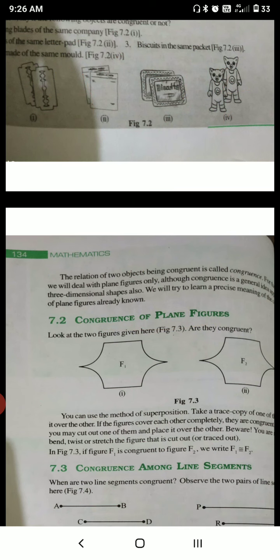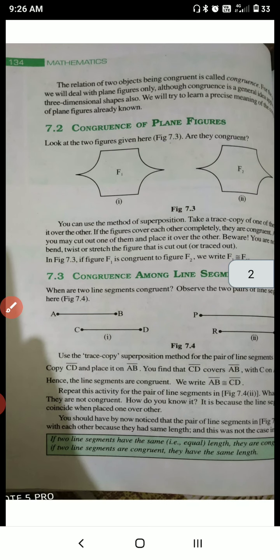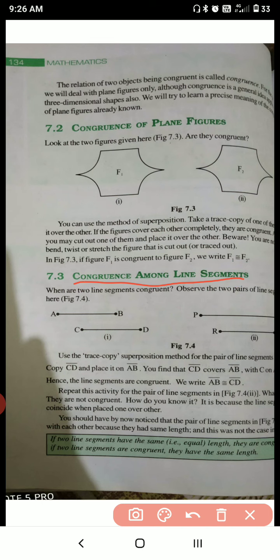Now, congruence among line segments. It means we have to answer whether our line segments are equal or not. Suppose without measurement a line segment is given to you and another is also given. When you superimpose the first on the second and they cover each other, this type of figure is called a congruent figure.